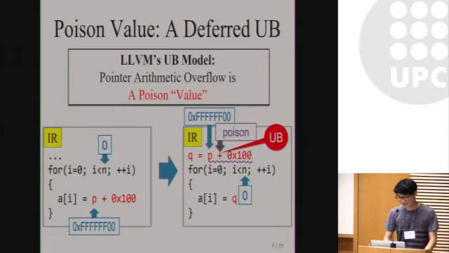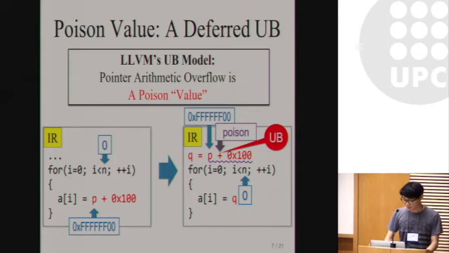In order to relax this situation, LLVM introduces a weaker form of undefined behavior called poison value. Then it defines pointer arithmetic overflow to produce a poison value instead of immediately raising undefined behavior. Poison is a normal value that can be stored, passed, and propagated, but can also raise undefined behavior if it is used in an essential way, such as dereferencing a poison address.